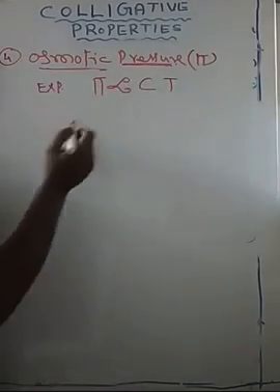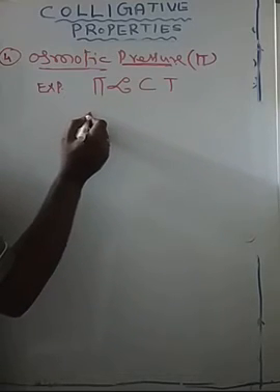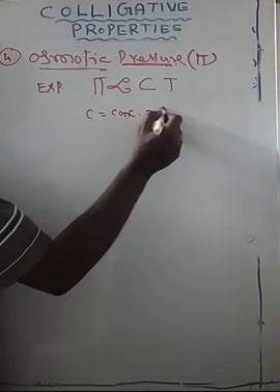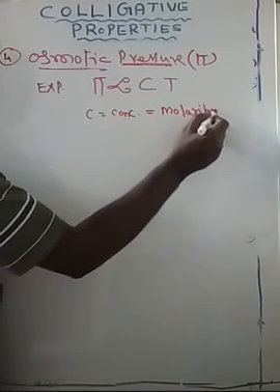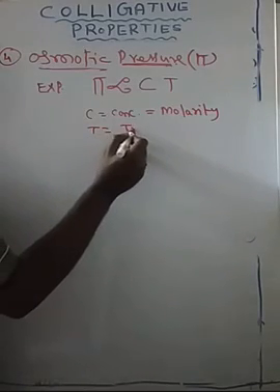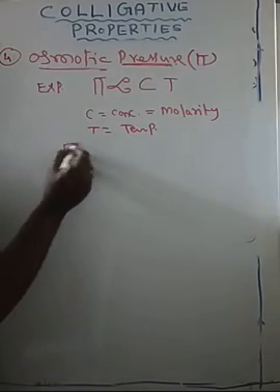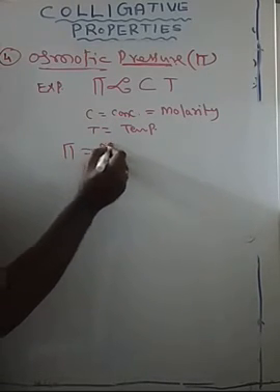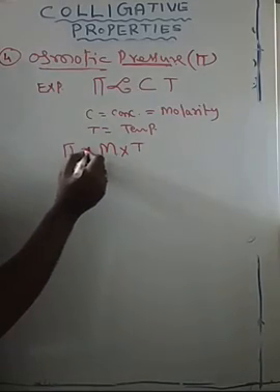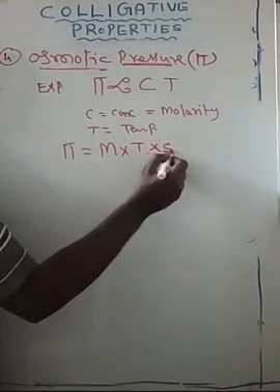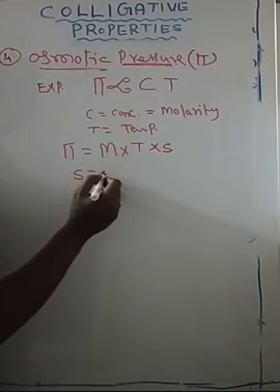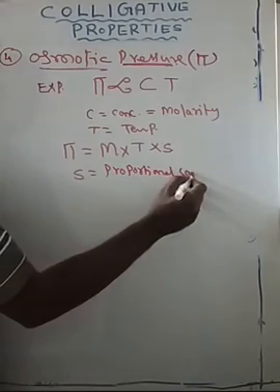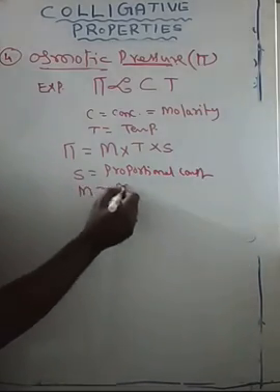It is directly proportional to concentration, where C is the concentration, generally expressed in terms of molarity, and T is the temperature. Therefore, C is nothing but M, molarity, into T, with a proportionality constant S. Here M is the molarity.